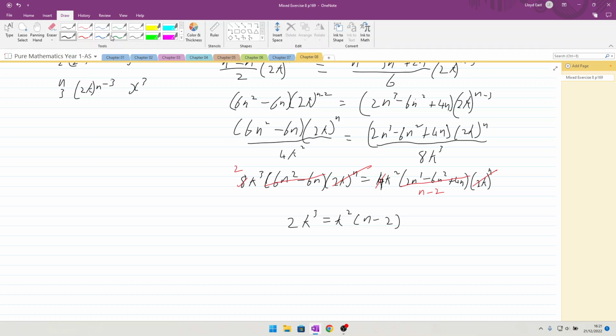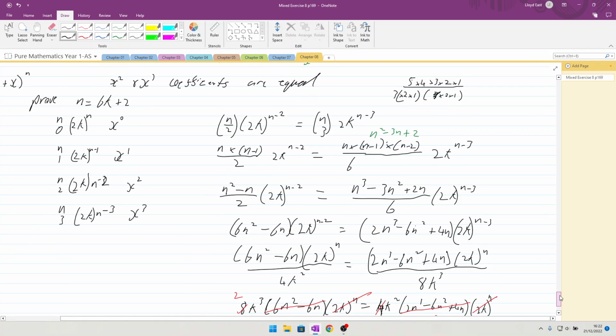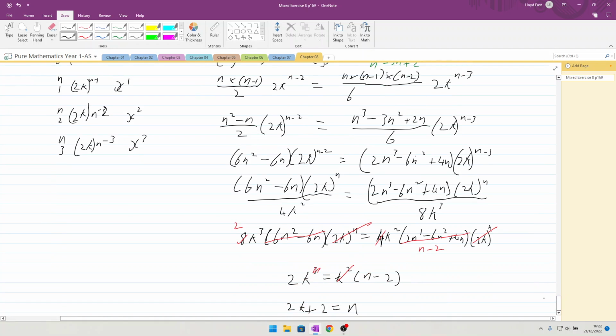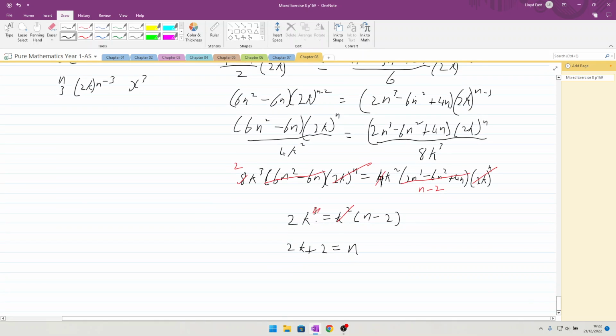The k squareds cancel, leaving you just a k on this side, meaning we are left with 2k equals n minus 2, so that means 2k plus 2 equals n, which I don't think... Did I lose a multiplier somewhere?